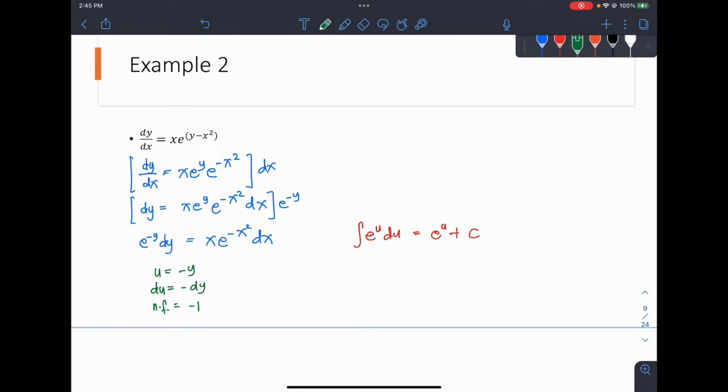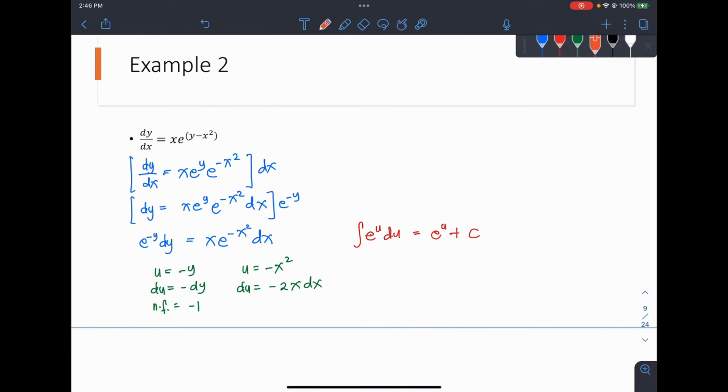And for the other one, our u is negative x squared, the exponent for e raised to negative x squared. Our du, the derivative of this, is negative 2x dx.